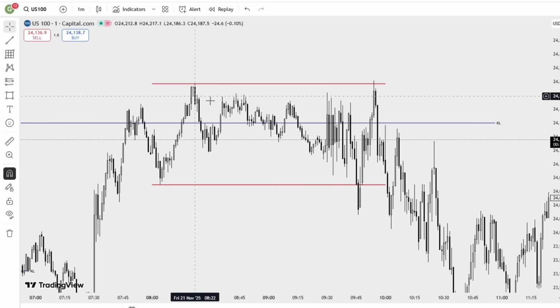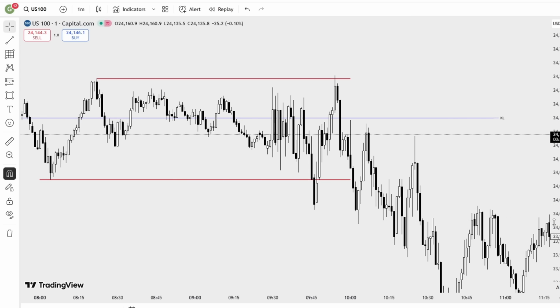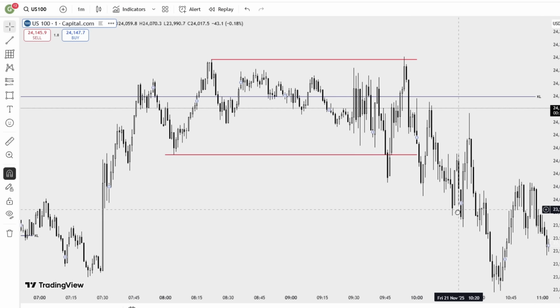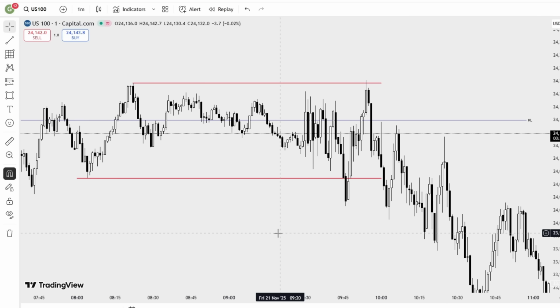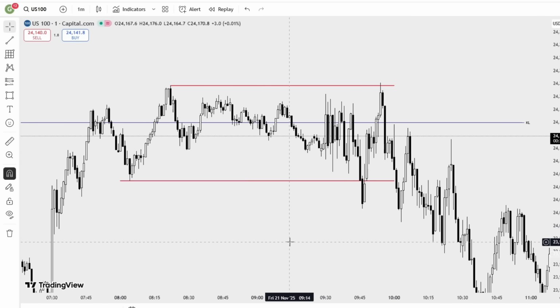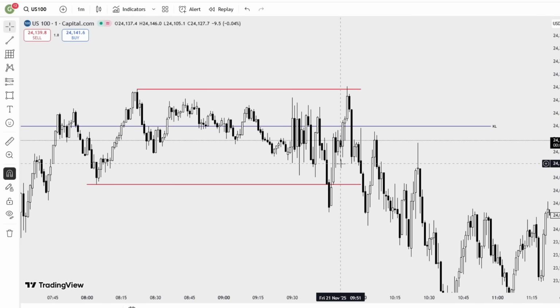If you want to watch it back, you wait for the manipulation to occur at the opening of the market. Can it occur before the opening? Yes, it can, but most likely it occurs within the open of the market.